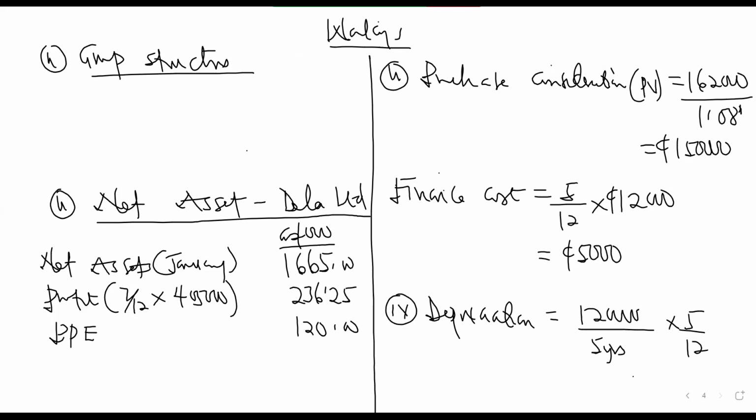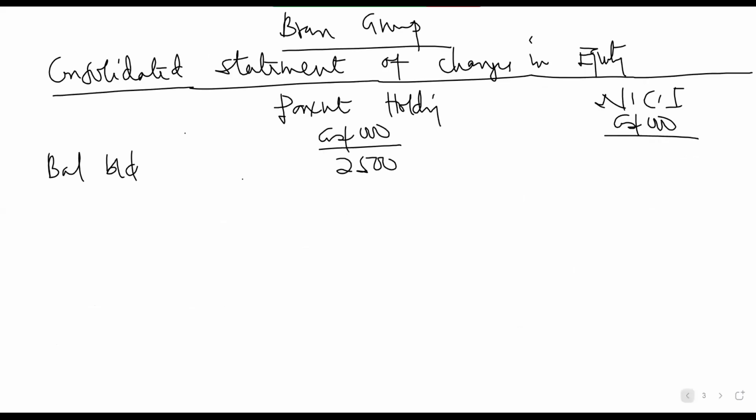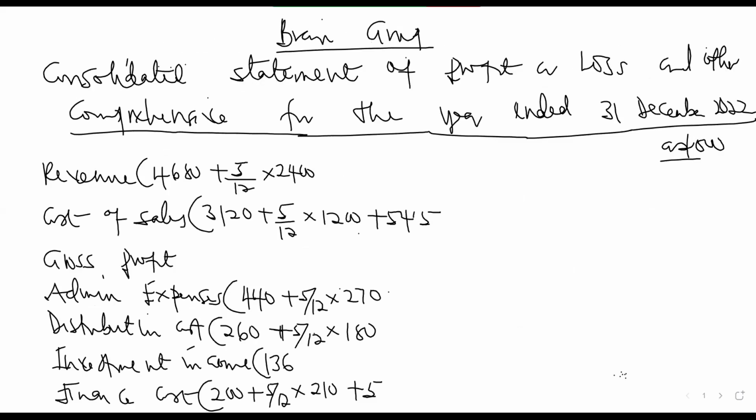So this increase is from the date of acquisition, which is 1st August. So the depreciation charge will start from 1st August to the end of the year. So what are we getting as the depreciation? 120,000 divided by 5 times 5/12, that will be 10,000. Yes. So depreciation is an expense, and they are saying that this should be charged to cost of sales. So we go and add the 10 here.